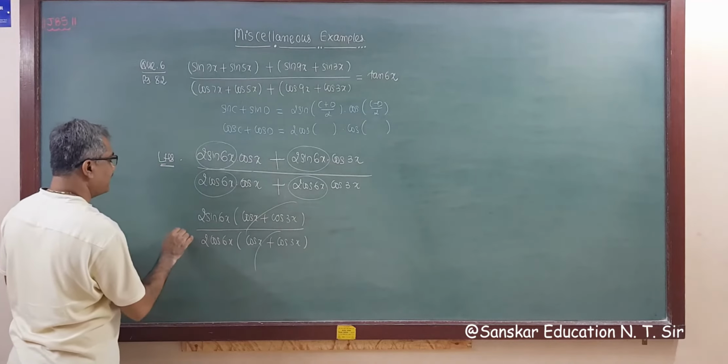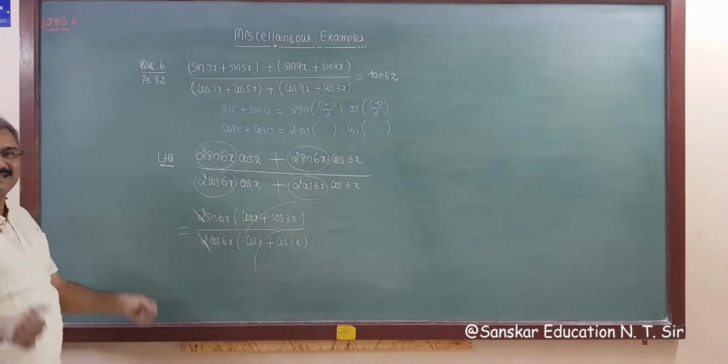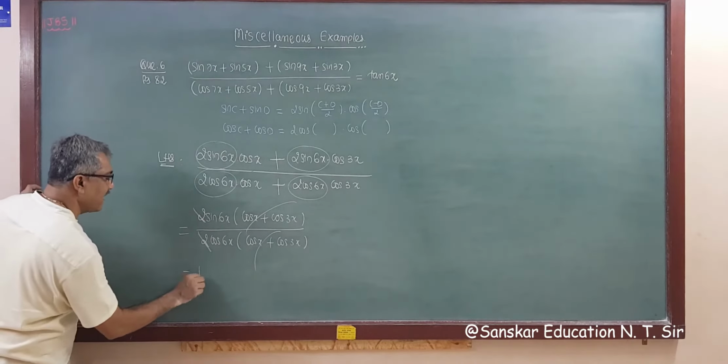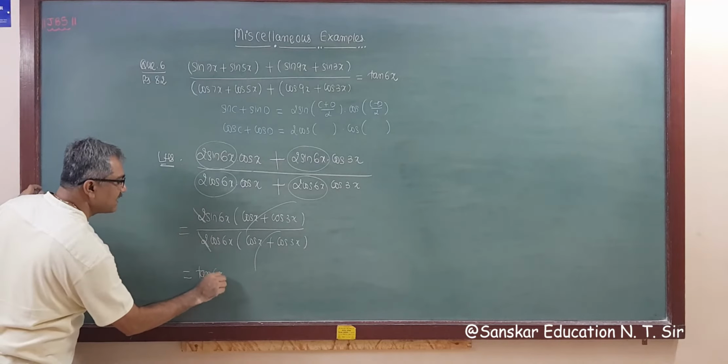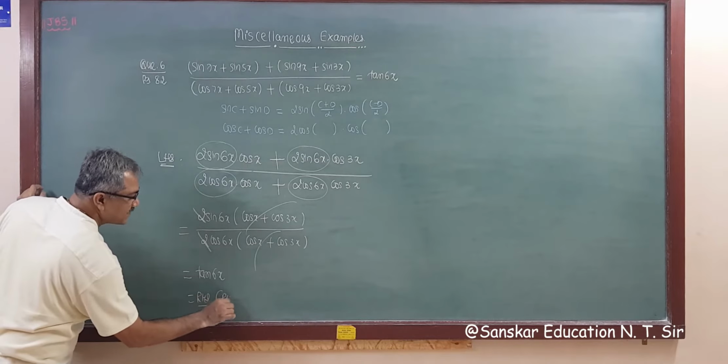So this will be cut, the 2 will be cut, and sin upon cos is tan. That is your answer: tan 6x, the right hand side, and hence proved.